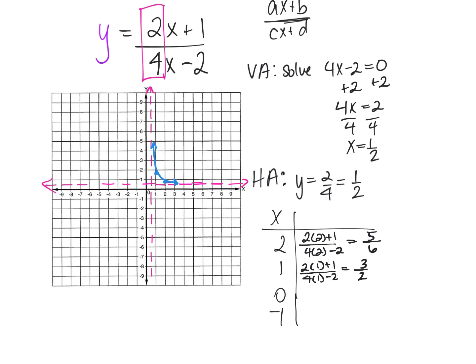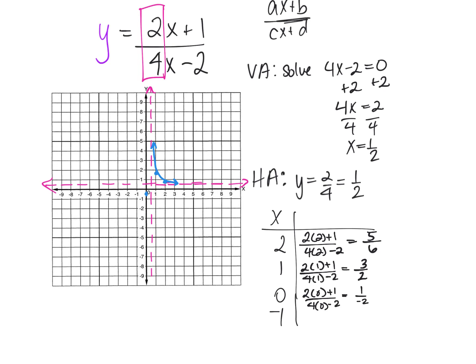And then we'll plug 0 in. 2 times 0 plus 1 over 4 times 0 minus 2 is 1 over -2, which is -1/2. So 0, -1/2.